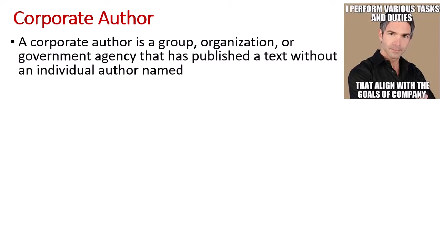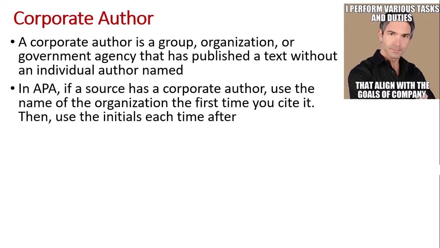So a manufacturer might have an opinion about an environmental policy and how they're going to follow it, just as an example. So in that case, if you have a corporate author, you're using the name of the organization the first time you cite it, and then use the initials every time after that.